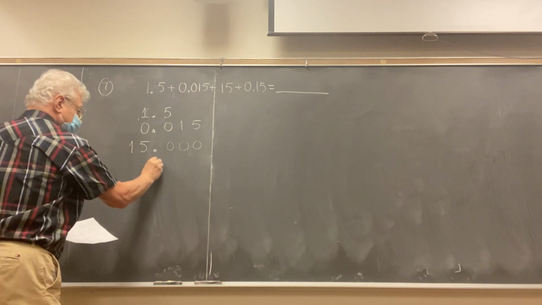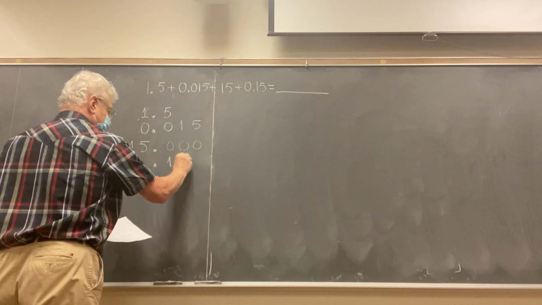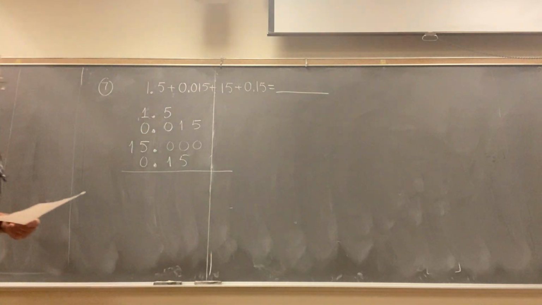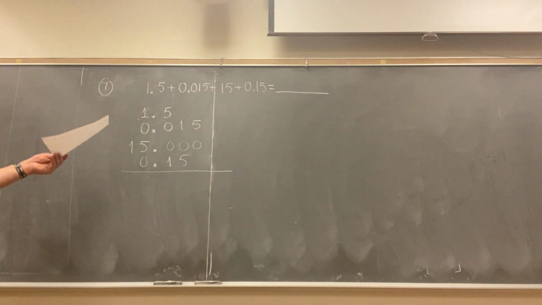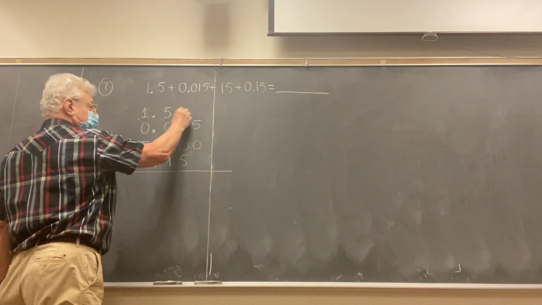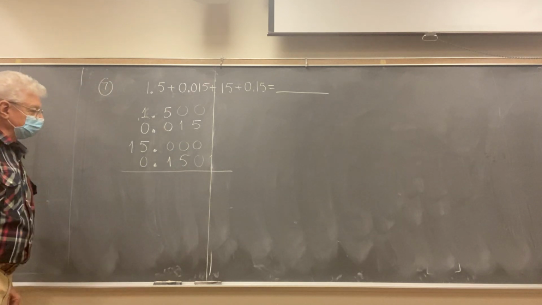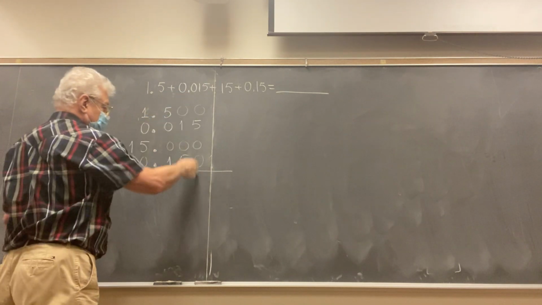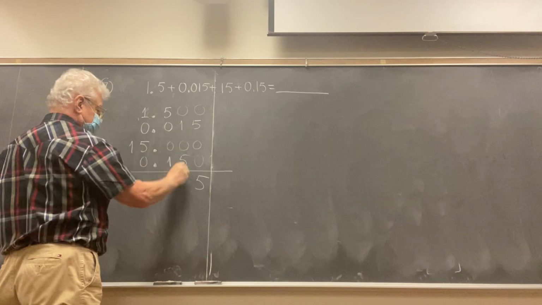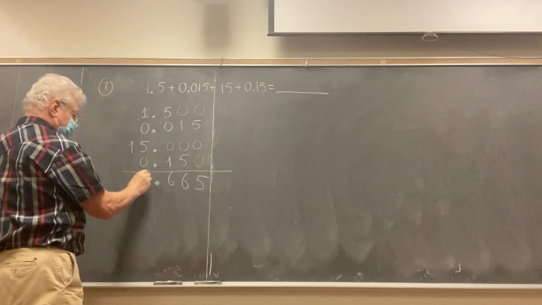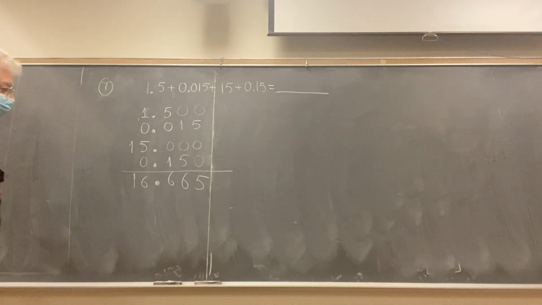Finally you have dot here, 15, and 0 here. Now after that you may or may not fill the other places with zeros. Just in case, let me draw very teeny tiny zeros and add them up in column. This will be 5, this will be 6, this will be 6, then dot, then here is 6, and then this is the number.